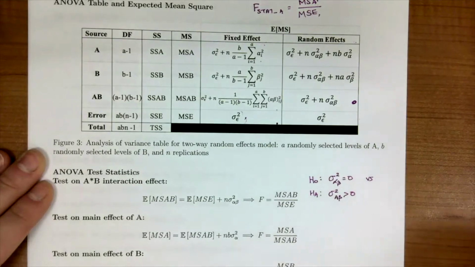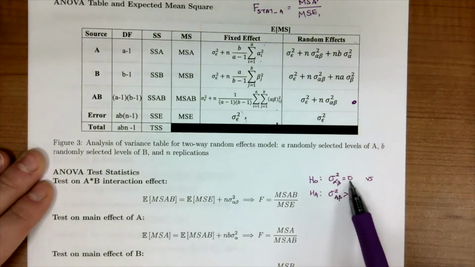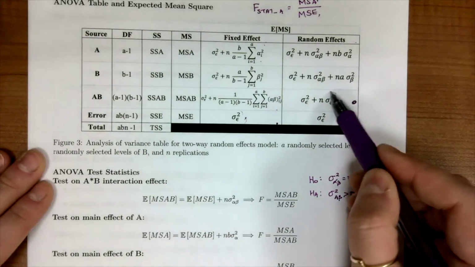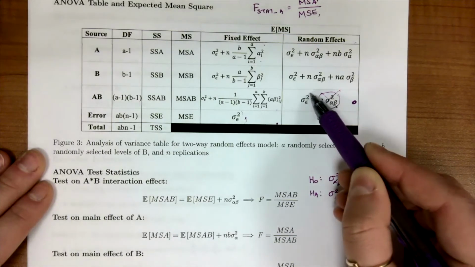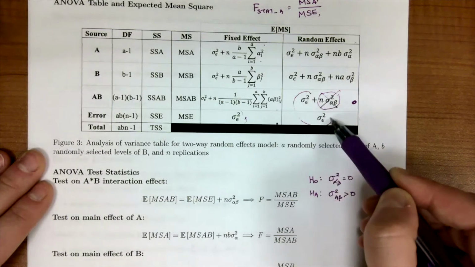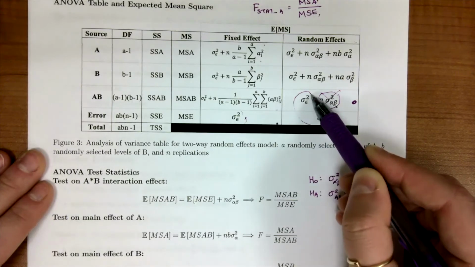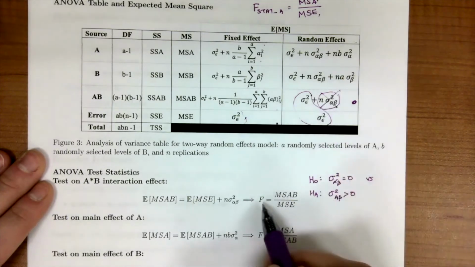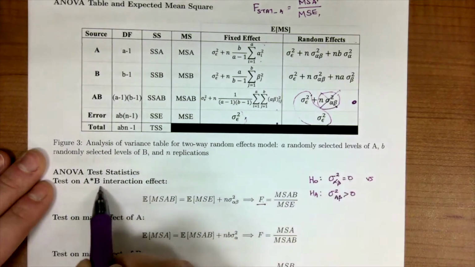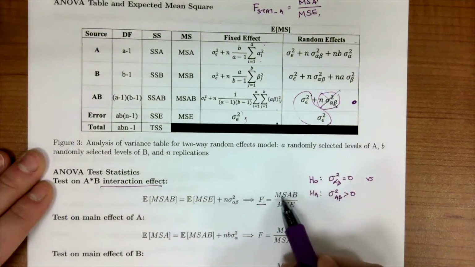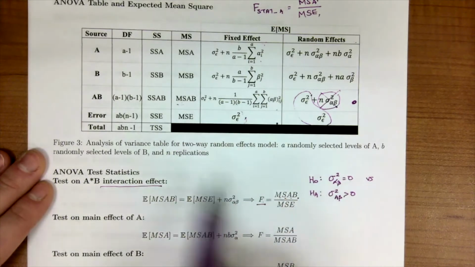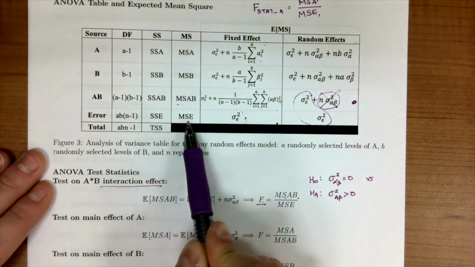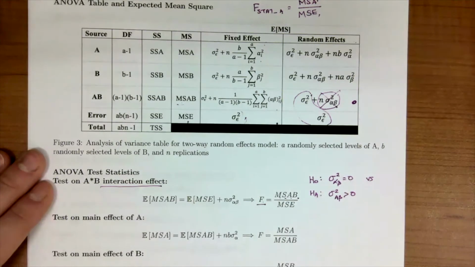So under the null hypothesis, we would expect this to go to 0. So we would expect this to not be there. Then that would leave us with these two terms. So we know the correct F stat for the interaction effect will be MSAB divided by our MSE. Okay, giving some intuition there.